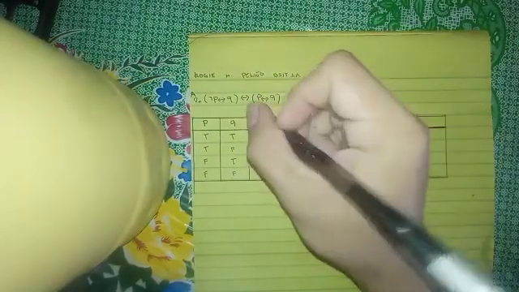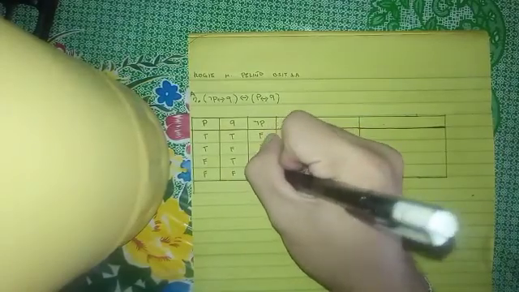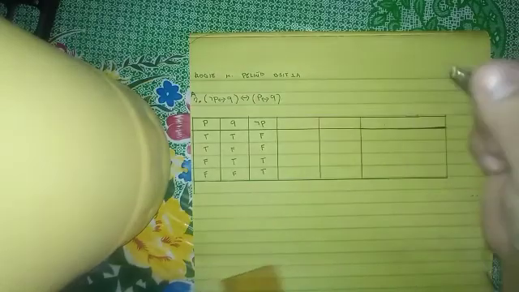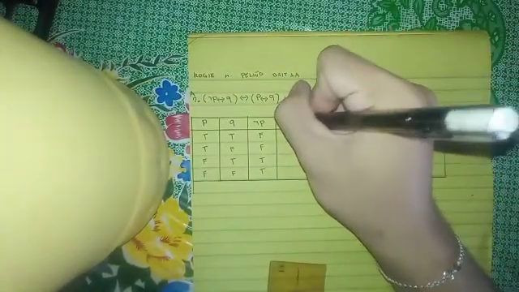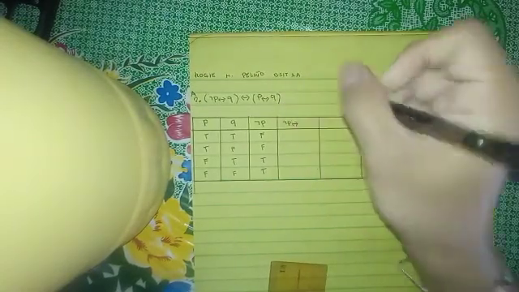So false, false, true, true. And then we're going to copy the problem, negated P biconditional Q.